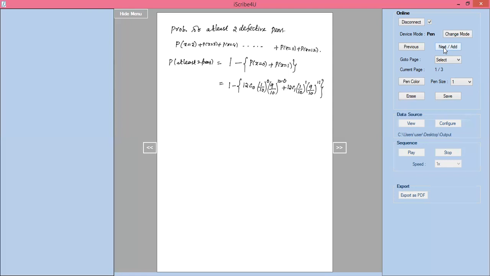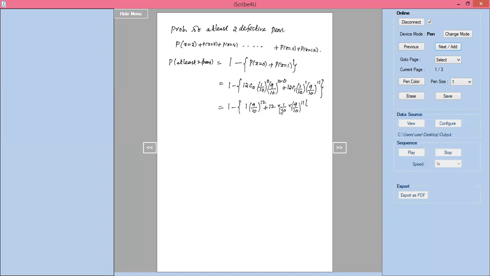Now simplify: 12C0 is 1, anything power 0 is 1, times 9 by 10 whole power 12, minus 12C1, which is 12, into 1 by 10 into 9 by 10 whole power 11.